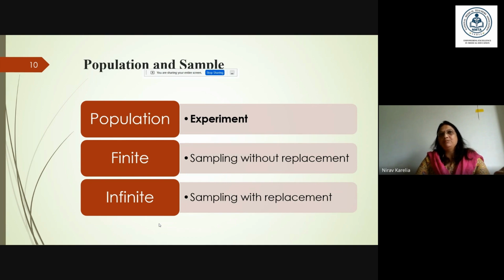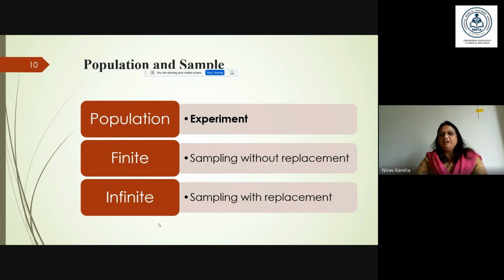Suppose I pick up one ball and conclude what is the probability that the ball will be red or blue. Suppose I have picked up the red ball. Then I keep it apart. Then the second time I repeat this. So at one point I have picked up all 10 balls. This is the type of experiment where I do the sampling, but I have not replaced.